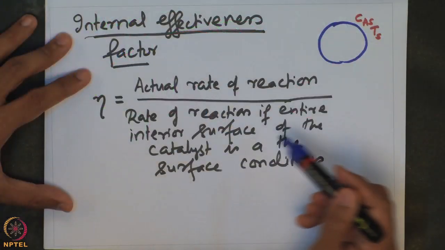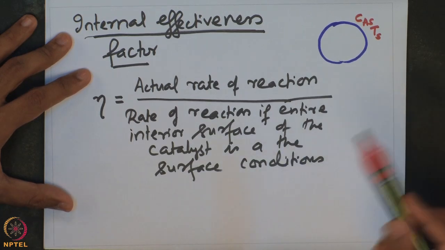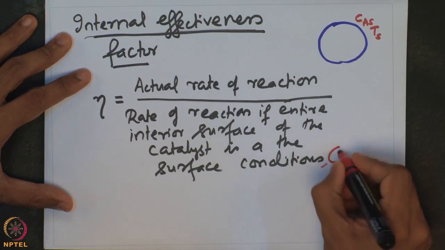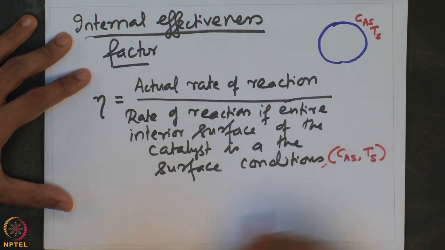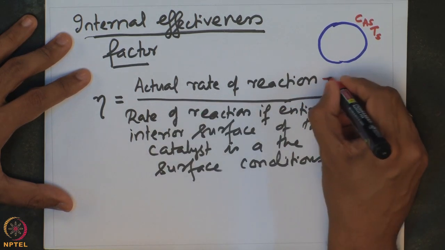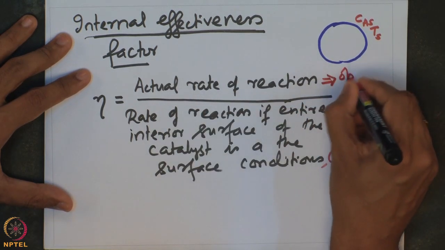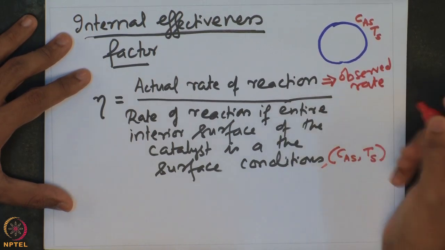So, therefore, when we say the rate of reaction if the entire interior surface of the catalyst is at surface condition, what we really mean is that the species is at concentration Cs everywhere and the temperature everywhere is Ts. And this actual reaction rate is essentially nothing but what is called the observed reaction rate. What is the observed rate?